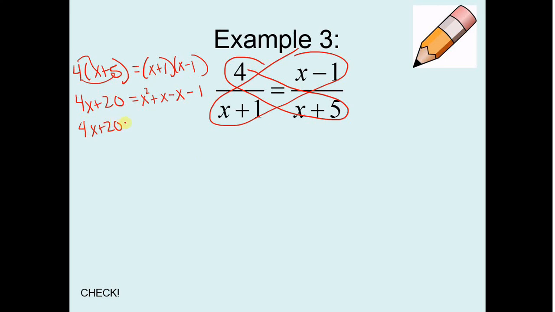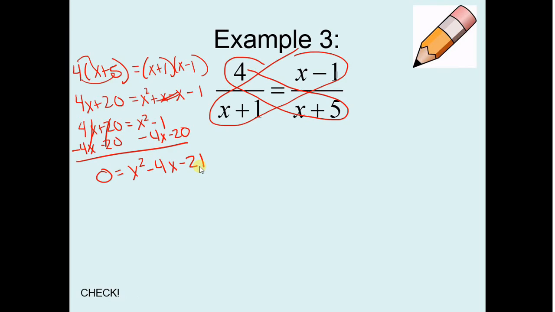Simplify that right-hand side here. I'm going to get x squared minus 1. Notice how the x's cancel. Okay. I'm going to move these to the right-hand side. Cancels out, left with 0. X squared minus 4x minus 21.